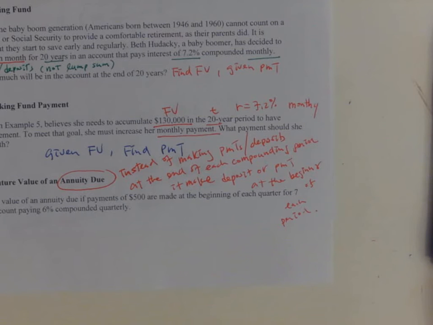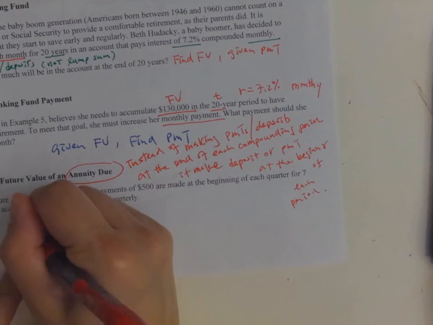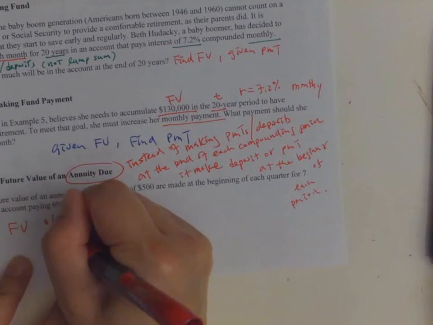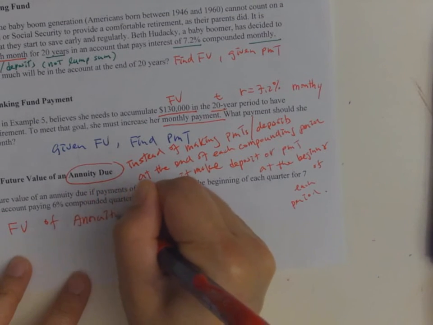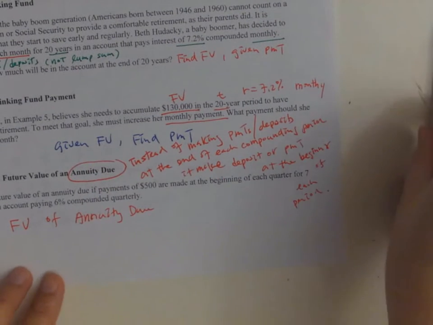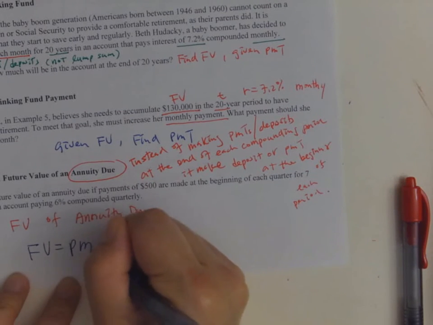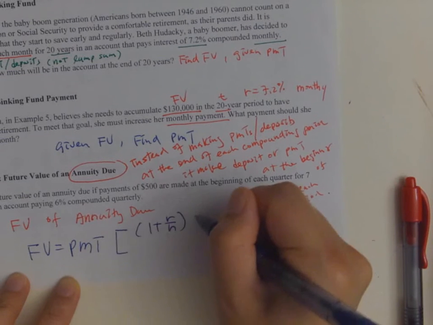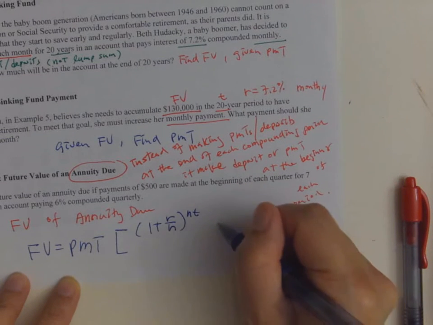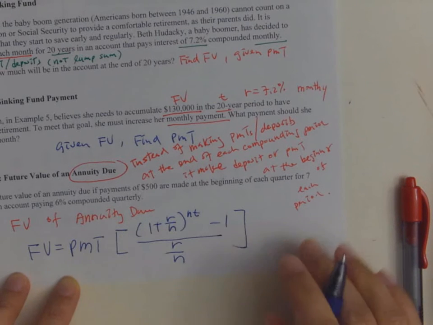So they made the formula a little bit different. The future value of annuity due: the regular formula would be future value equals payments times (1 plus r over n) to the nt minus 1, over r over n, right?